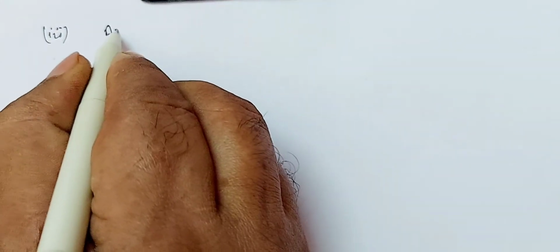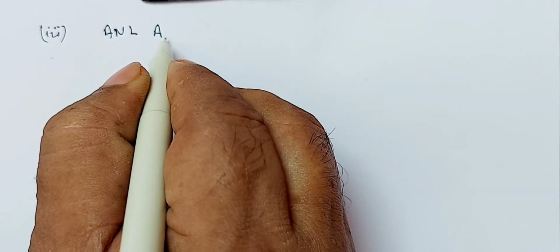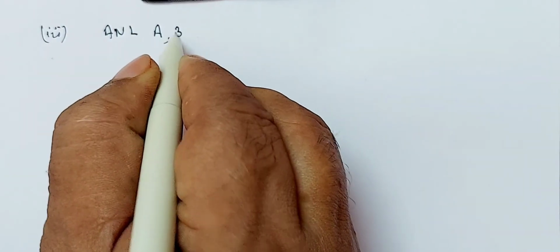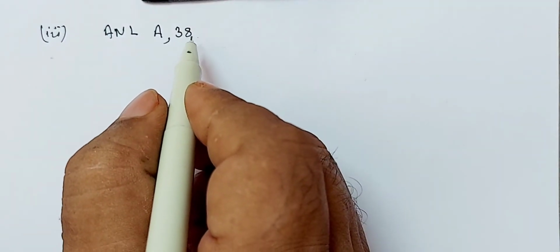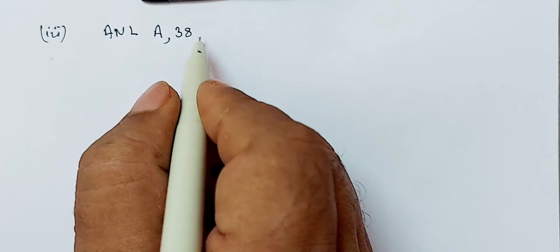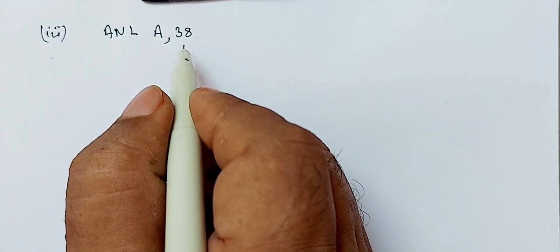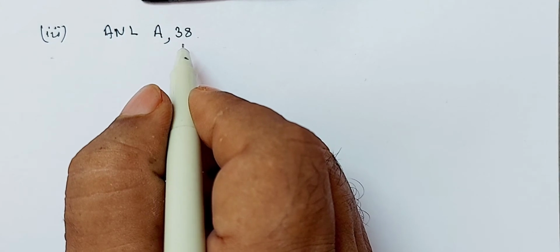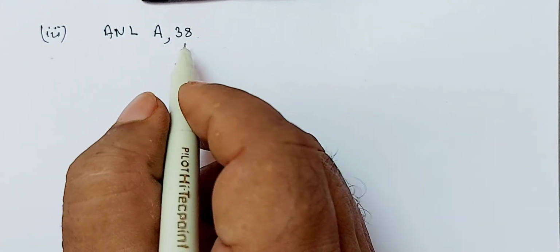Example, AND logic, destination must be the register A only, A comma 38. You should not write 38H because 38 represents the RAM address of the location. RAM address 38.